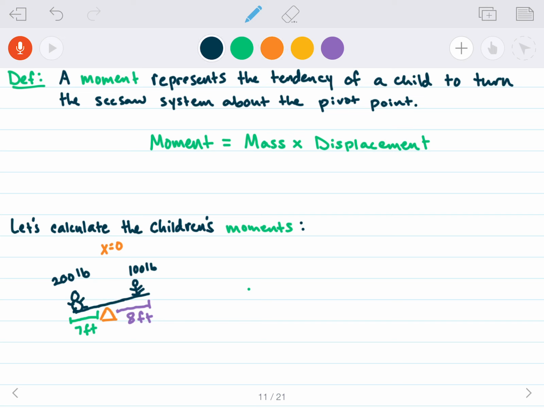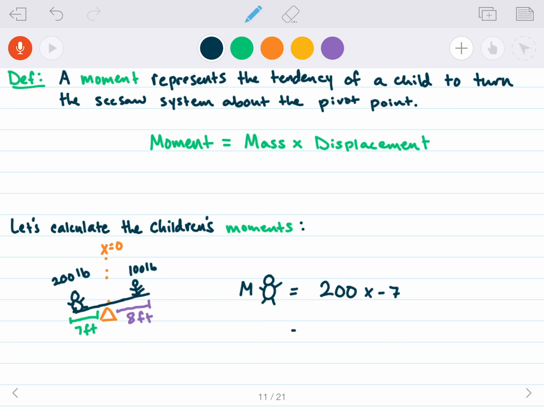So let's say the moment of the bigger child is equal to the mass, which is 200 pounds, times the displacement, which is -7.